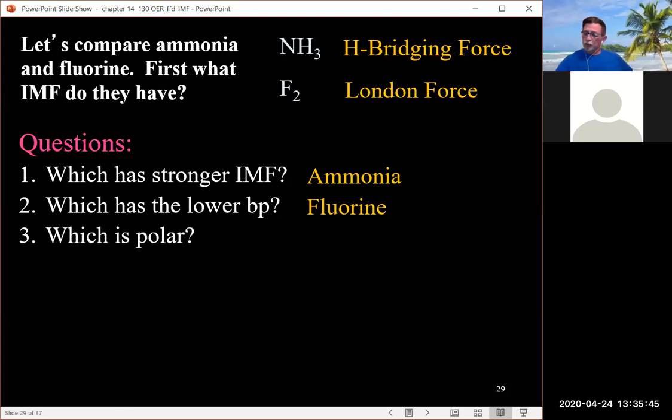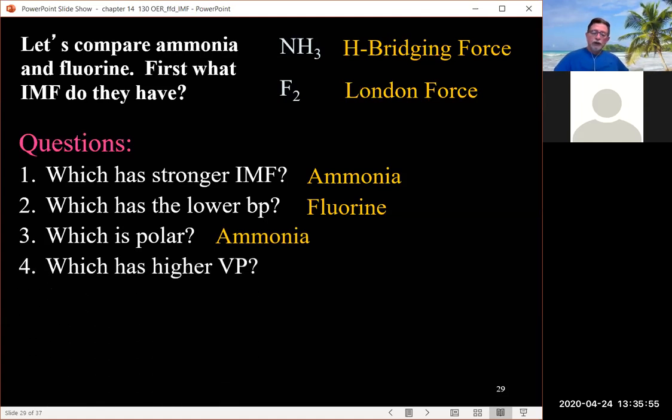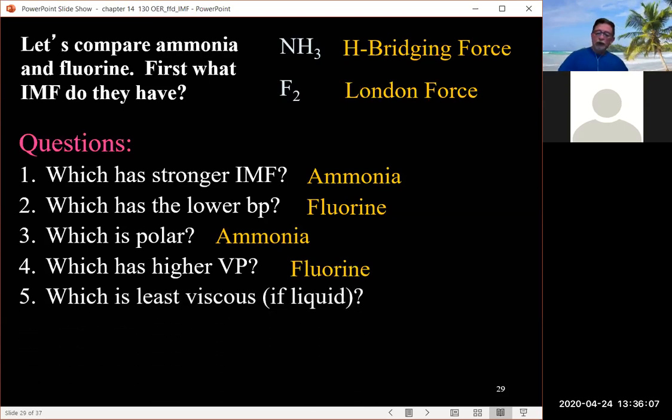Which is polar? Well, we talked about that. Ammonia obviously is the polar compound, compared to fluorine, which is diatomic and nonpolar. And which would have the higher vapor pressure? That would be the one with the weaker force, which would be fluorine, okay?